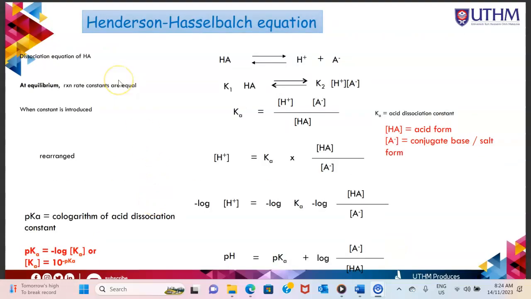Right, the Henderson-Hasselbalch equation: the dissociation of this acid form gives you these two ions, and we have the equation at this equilibrium where we can have this constant, and when the constant is introduced, we have this Ka, and rearranging it, hence we will have this pKa, which is the negative logarithm of the acid dissociation constant. pH is pKa plus the log of the conjugate base ions divided by the acid form.